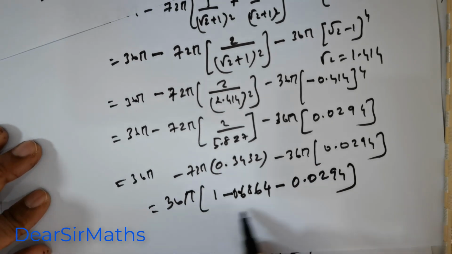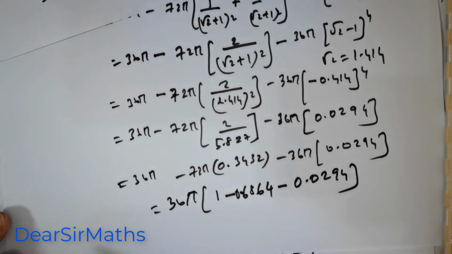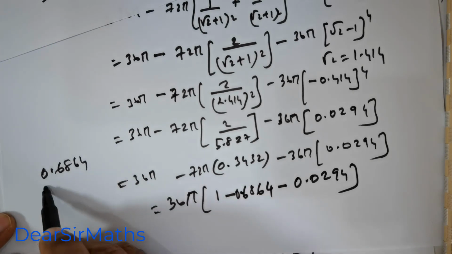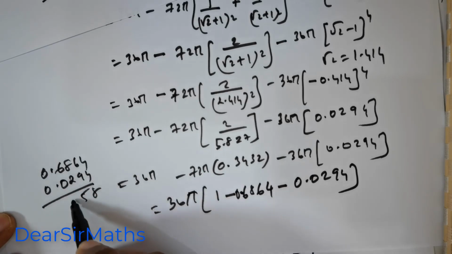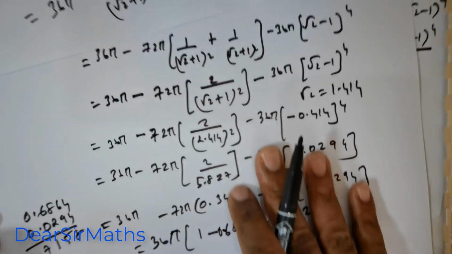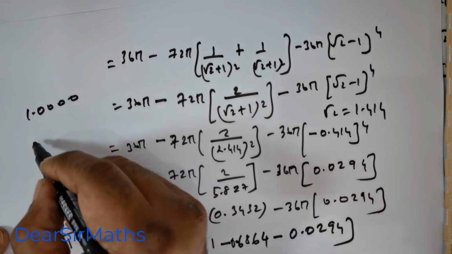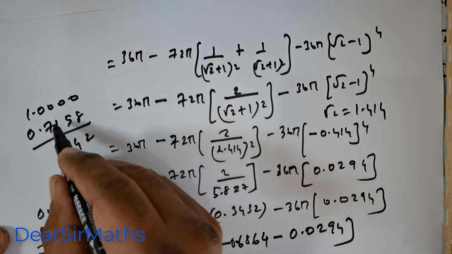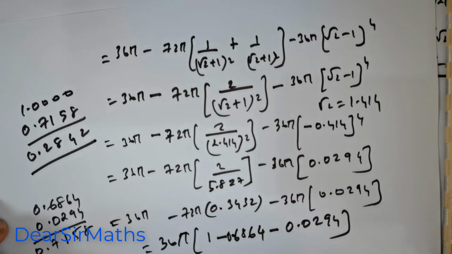So what we need to do, we need to perform the calculations. I can just do it over here. 0.6864 added with 0.0294 is 0.7158. So from 1.000 I have to subtract 0.7158. So there's going to be 0.2842.